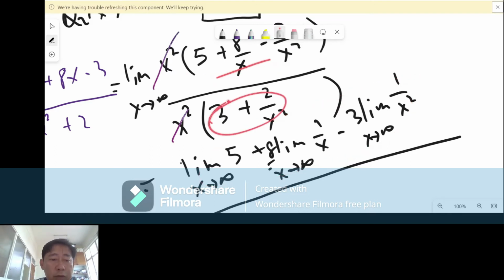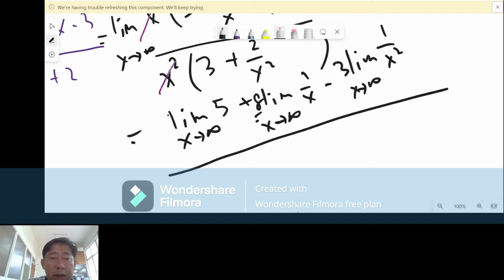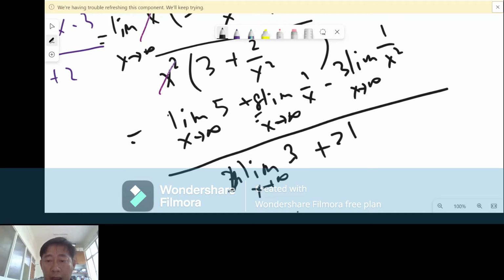The same thing also goes for the denominator function, which is the limit of 3 when x goes to infinity, a factor of 3, plus 2 times the limit of x goes to infinity for 1 over x squared.